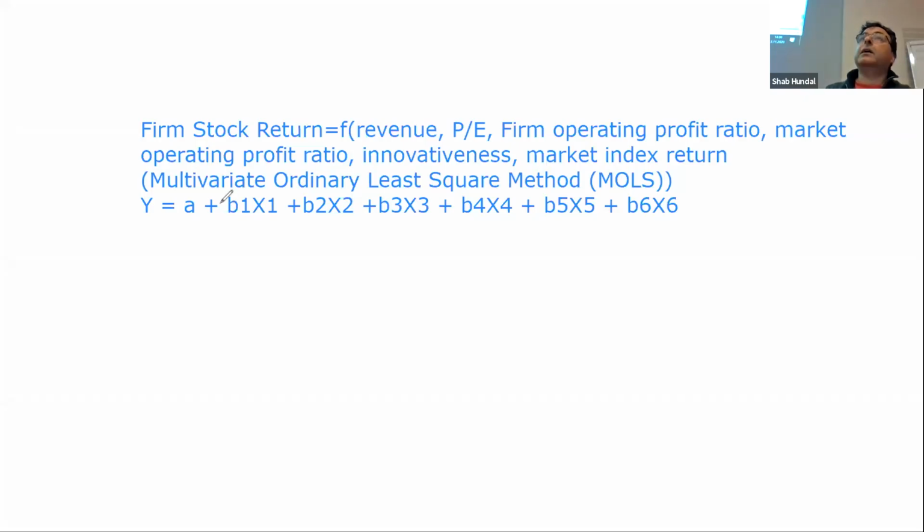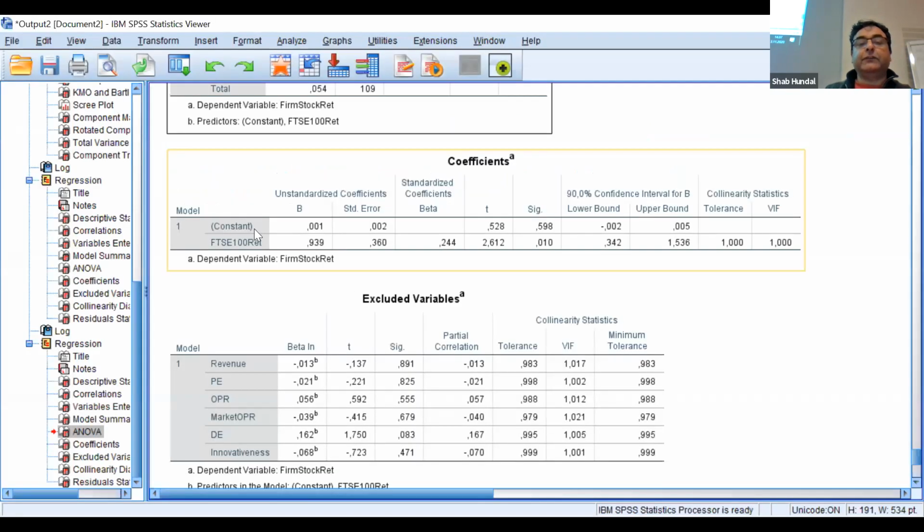When we had this whiteboard, there was this term called A. Can you see A? A is a constant term. And when I go back to the output, I find that there is a word called constant. Can you see here, constant? This is your A.